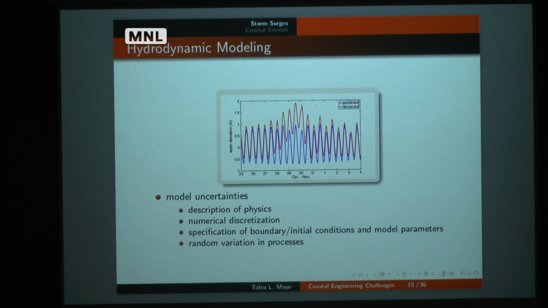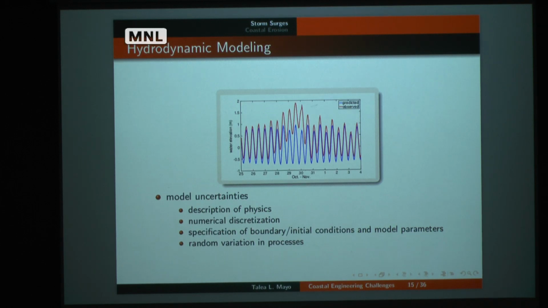One, we're approximating the physics, right? We're depth averaging because we're assuming we have a coastal ocean or a shallow body of water, and then we're approximating a lot of other things also. I think I will show you how we parameterize bottom friction, for example. We also numerically discretize the equations. The shallow water equations are a set of PDEs.